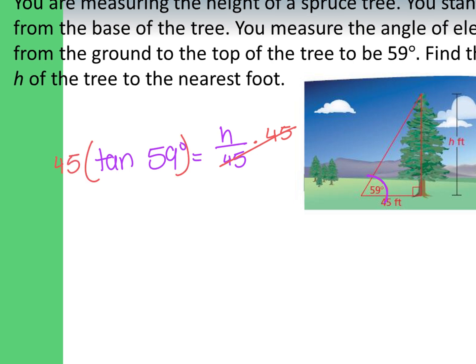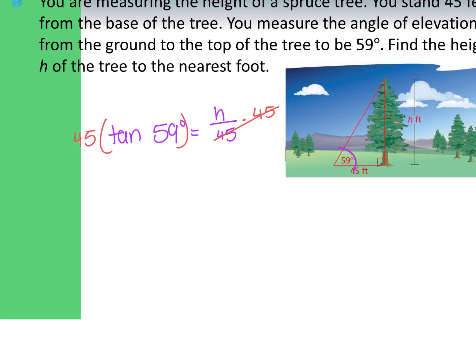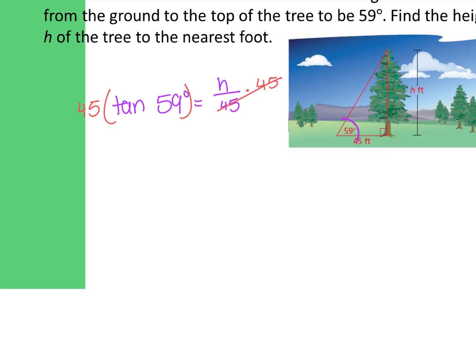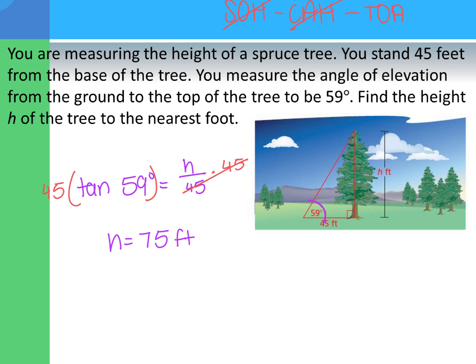Go ahead and plug it into your calculator and round to the nearest whole number. It says find the height h of the tree to the nearest foot. So what would the height of my tree be? Yeah, good, 75 feet. Questions on this one? Okay.